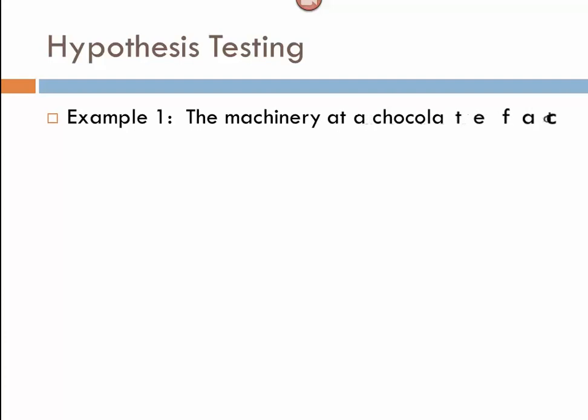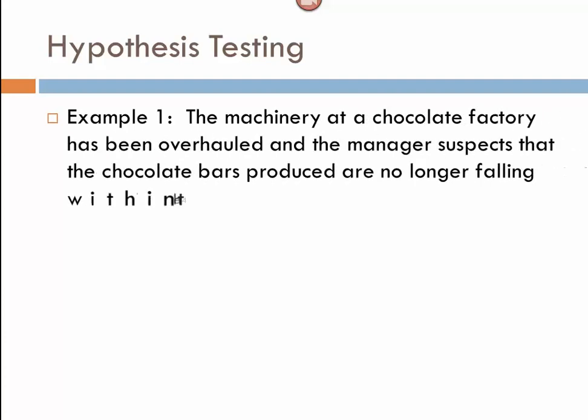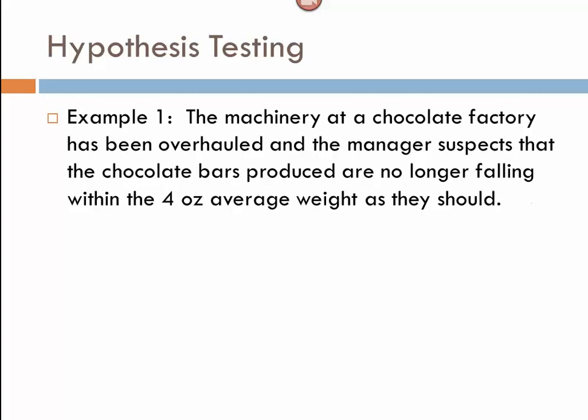So let's look at an example. The machinery at a chocolate factory has been overhauled, and the manager suspects that the chocolate bars produced are no longer falling within the 4-ounce average as they should. In this particular situation, the null hypothesis is that mu is equal to 4 ounces. The alternative we determine by the wording of the question. In this case, the direction of my alternative is really non-committal.